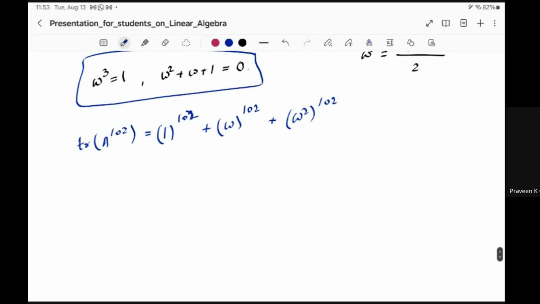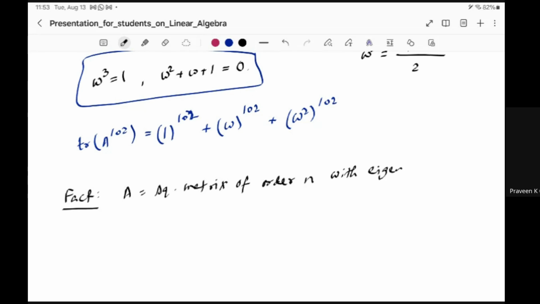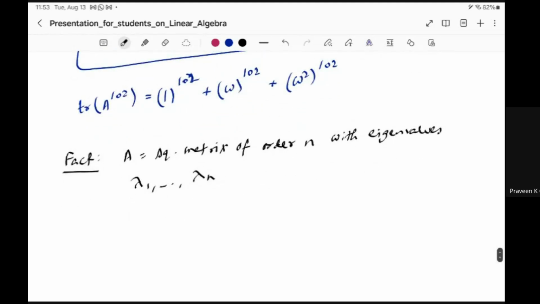So in general, this is the fact: if A is a square matrix of order n with eigenvalues lambda 1 up to lambda n, not necessarily distinct, then the trace of A to the m, where m is some positive integer, is equal to lambda 1 to the m plus up to lambda n to the m.